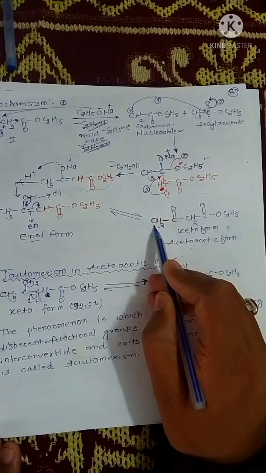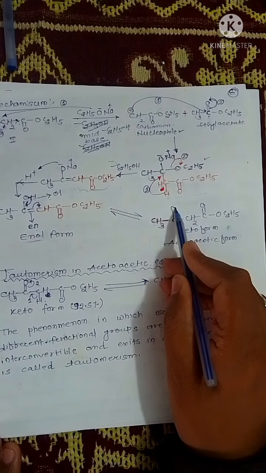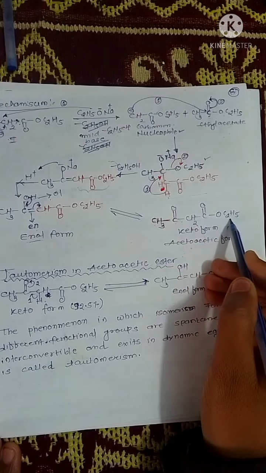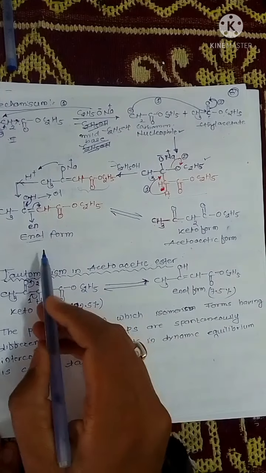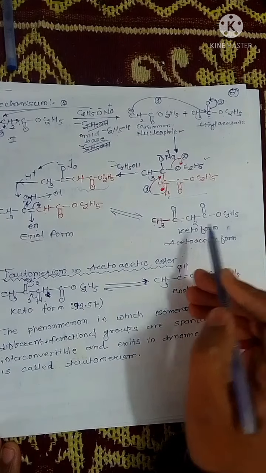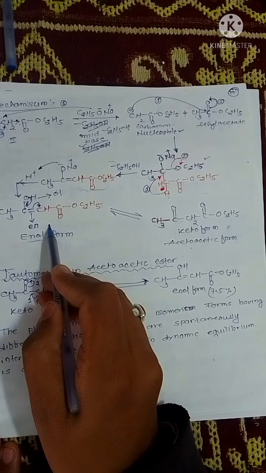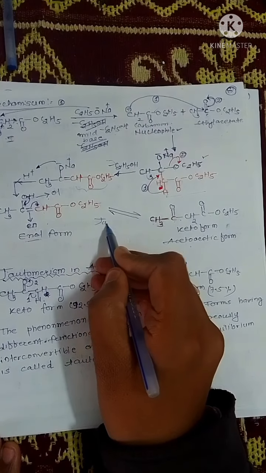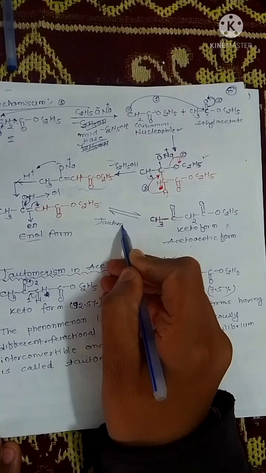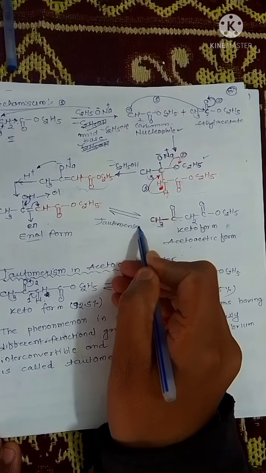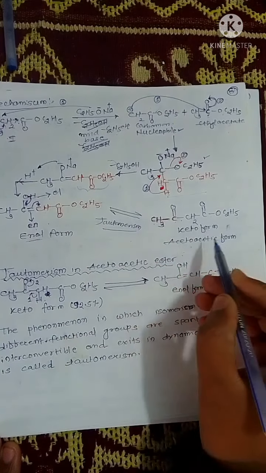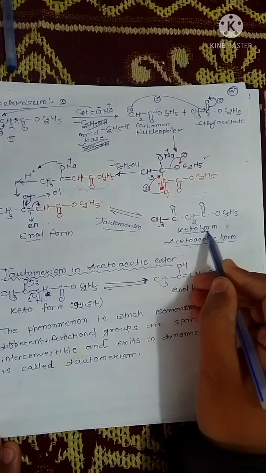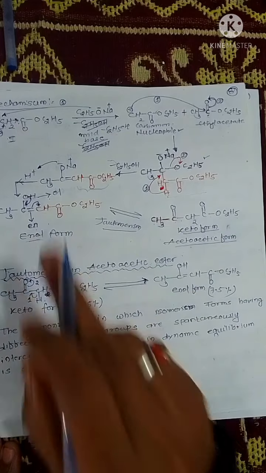So CH3, C double bond O, CH2, C double bond O, OC2H5. It is the keto form of this enol form, and the phenomenon which goes on here is known as tautomerism. And in this way we got acetoacetic ester, that is the keto form of this compound.